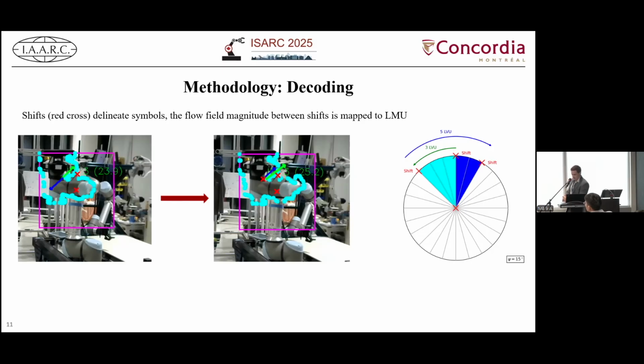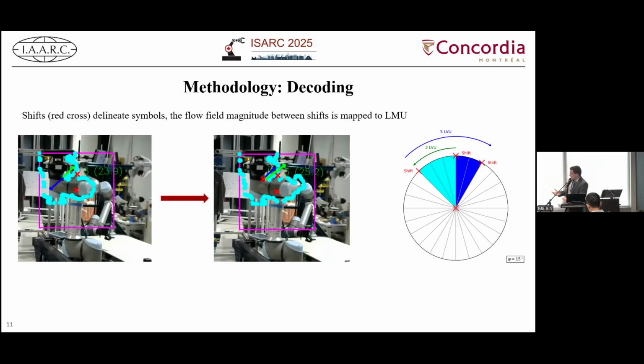Essentially, the motion consists of oscillating movements along a circle, and you can think of each segment of this circle as divided into 15 degrees, which is the encoding angle that I picked.